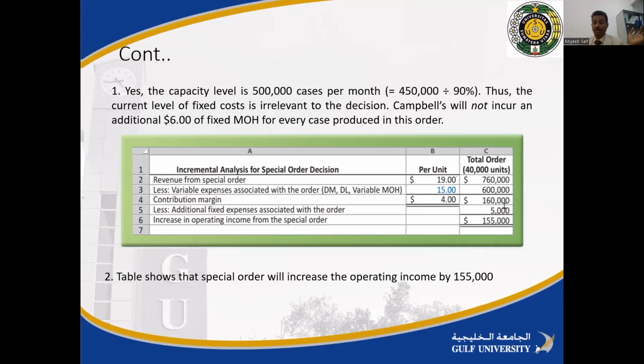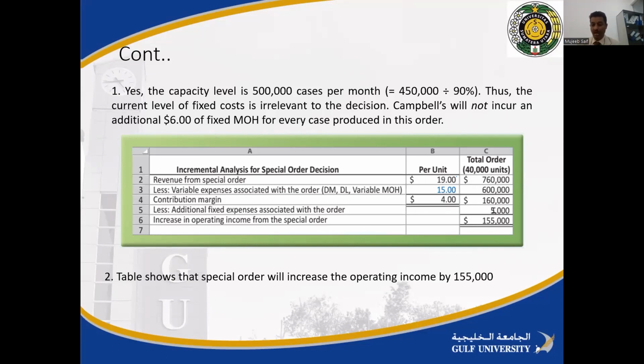So in conclusion, our revenue will be increased by 760,000. We should pay expenses 600,000 for variable cost and 5,000 for the fixed cost. So total expenses that we should pay is 605,000, and the revenue is higher than expenses.